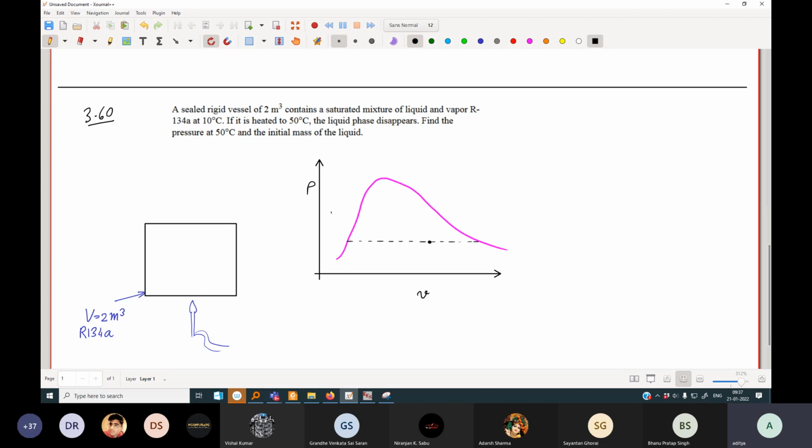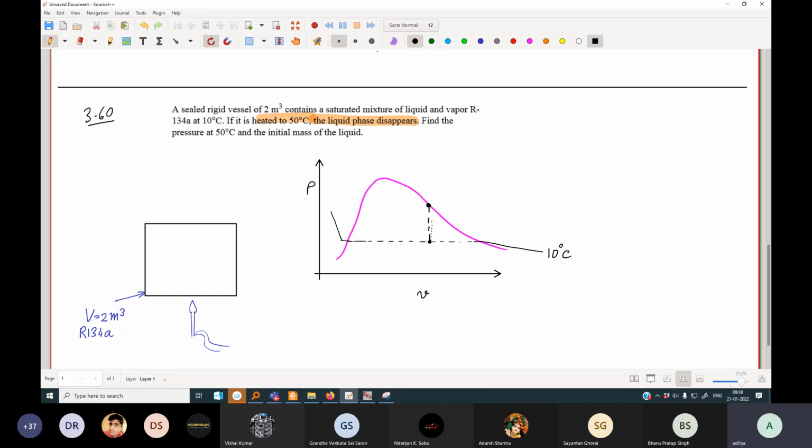This is one isotherm, the 10 degrees Celsius isotherm. It is given that the initial volume is 2 meter cubed. And when it is heated, we see that the liquid phase disappears at 50 degrees Celsius.